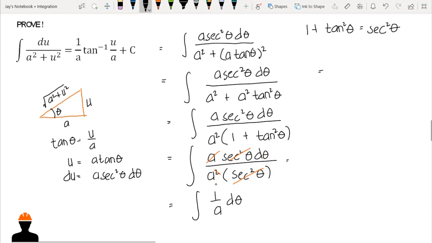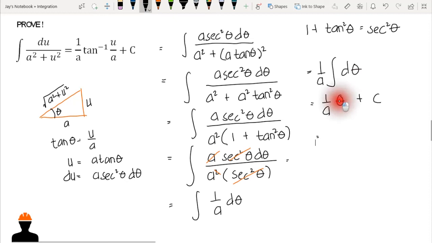Now, since our 1 over a here is a constant, we can take 1 over a outside of the integration. Then we have 1 over a, the integrand is d theta, okay? The remaining would be theta inside the integration. So we have 1 over a, the integration of d theta is equal to theta, of course, plus c. So we have our theta here.